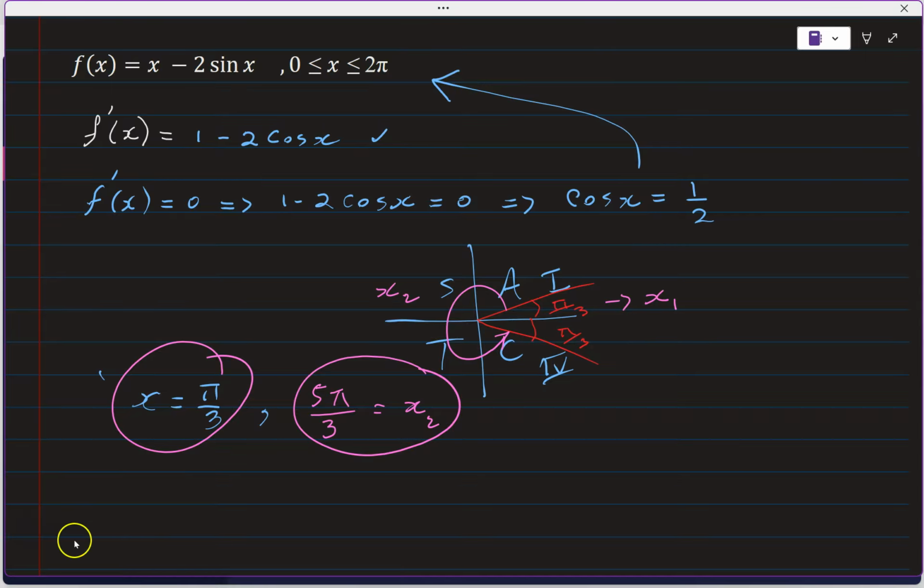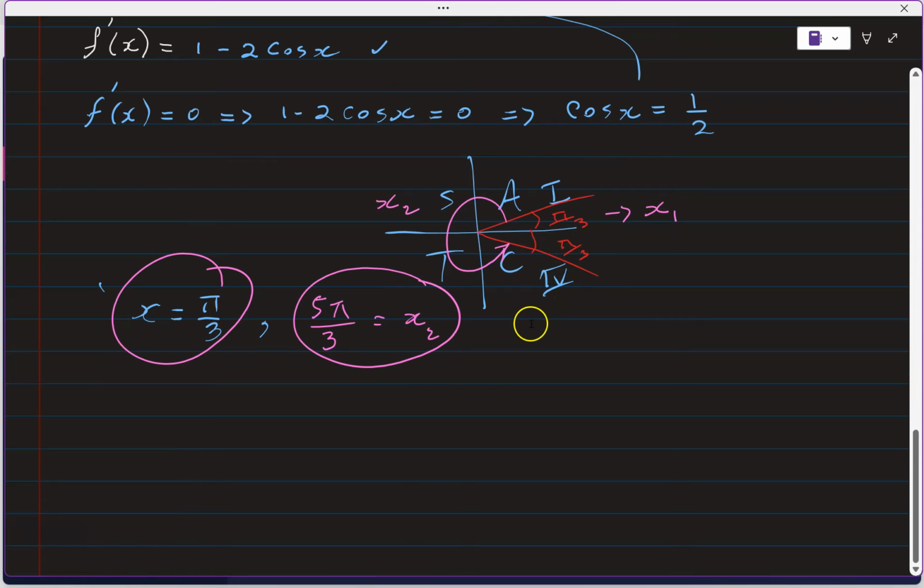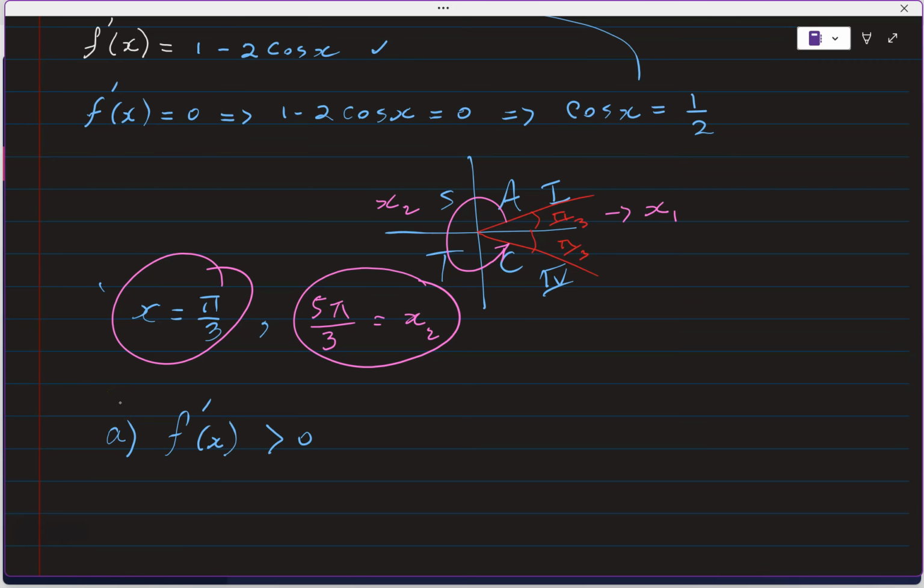Now let's go ahead and figure out what happens to the function as the first derivative is positive and negative, and then check out the behavior. So the first thing is when f prime of x is greater than 0, we want to know for what values the function is increasing, and that means basically you have cos of x is less than 1/2, and that is where x is between, and if you double check, pi over 3 and 5 pi over 3.